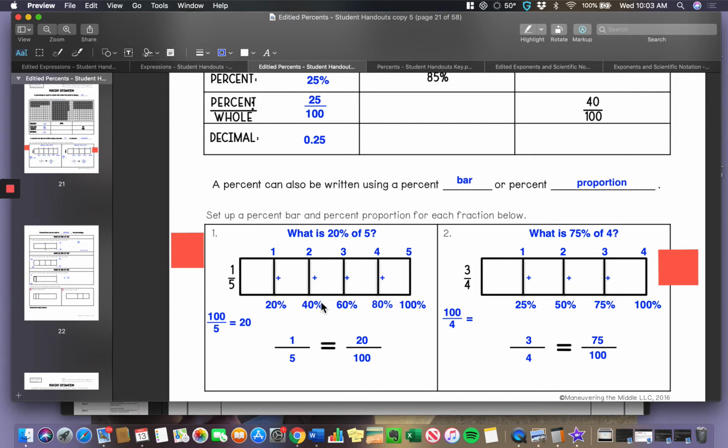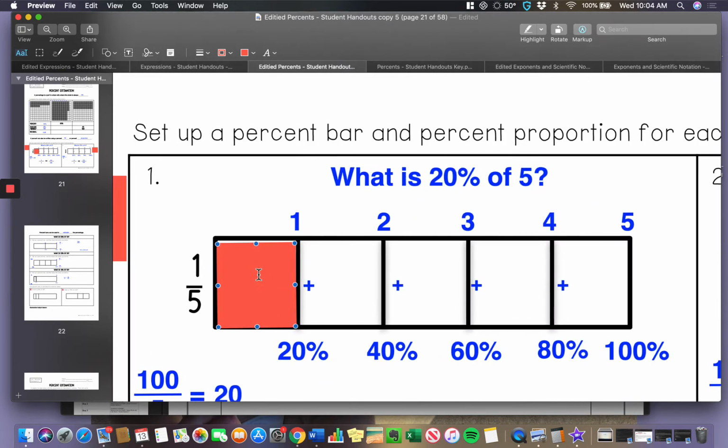Now that you know how to use this information, one of the things I like to do is fill in my boxes. This was 1/5. So I filled in my 1/5 right there.